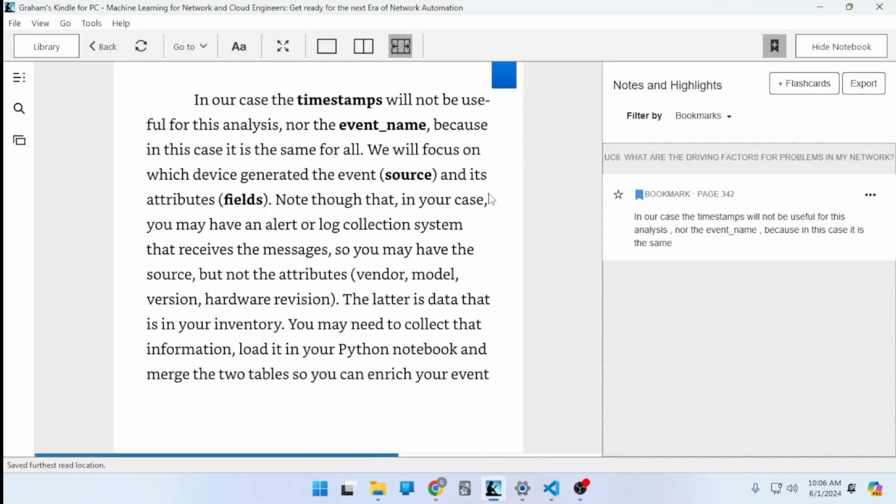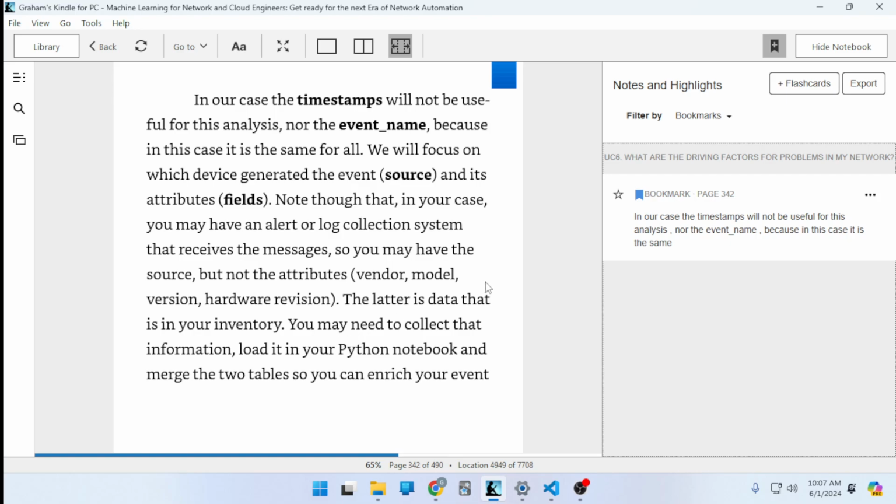In our case, the timestamps will not be useful for this analysis, nor the event name, because in this case it is the same for all. We will focus on which device generated the event, source, and its attributes, fields. Note, though, that in your case, you may have an alert or log collection system that receives the messages, so you may have the source but not the attributes: vendor, model, version, hardware revision.